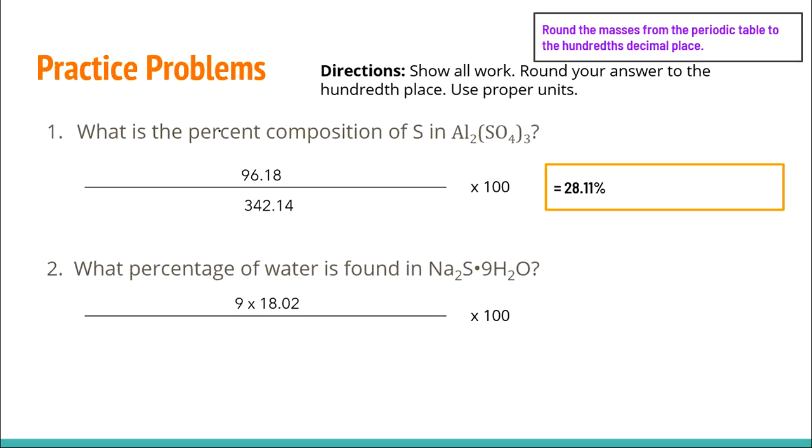On the bottom, you get the mass of the sodium sulfide, and then you're going to add the mass of all the waters. So 2 times 22.99 plus 32.06, there's your sodium sulfide part, and then you add the 9 waters. So you should get 162.18 divided by 240.22 times 100, and this hydrate consists of 67.51% of water.